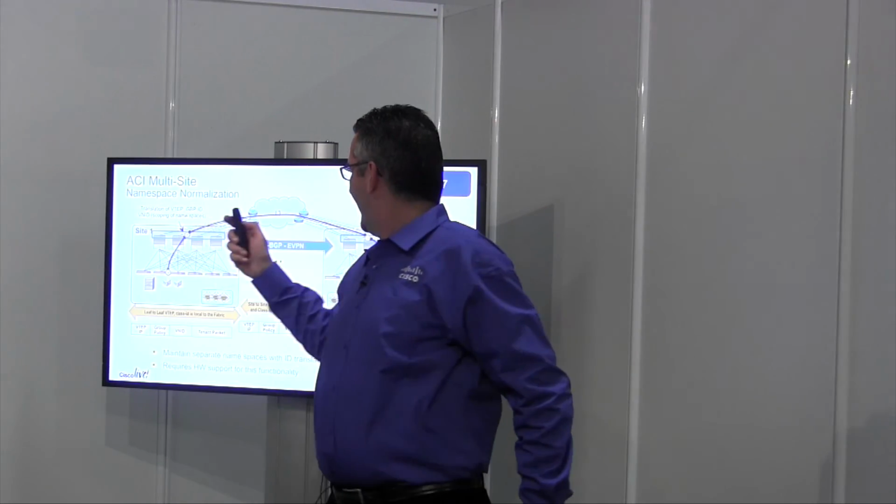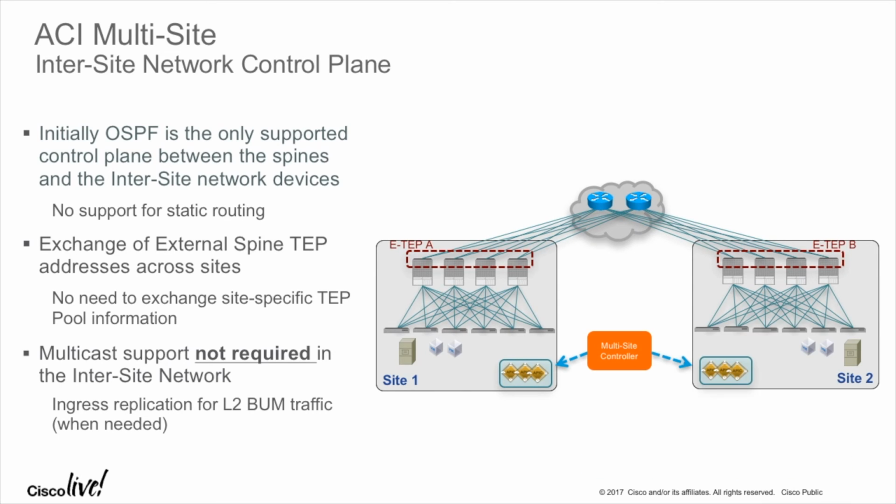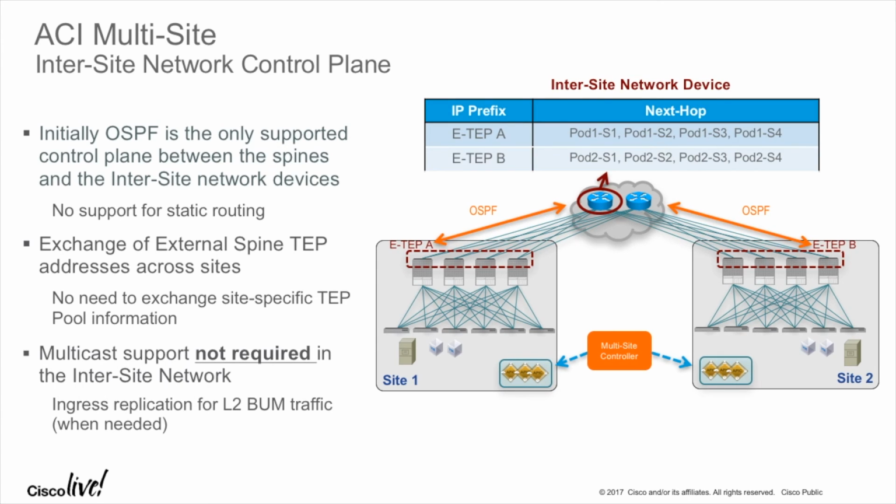Okay. So since I have 5 minutes, I'm going to skip some of this detail. The key point is we have a network that interconnects my sites. This network only needs to provide layer 3 capability, because as I said, all the encapsulation is site to site. It's VXLAN site to site, okay?